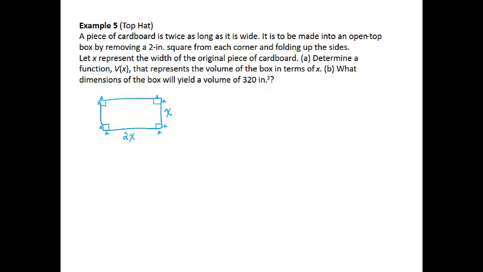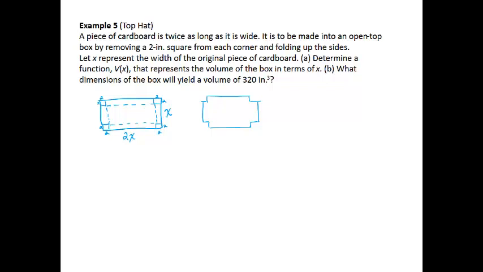If we cut that out and then we fold up what's left along these dotted lines, we can get a box from that. So really we'll have something like this that then we fold up.